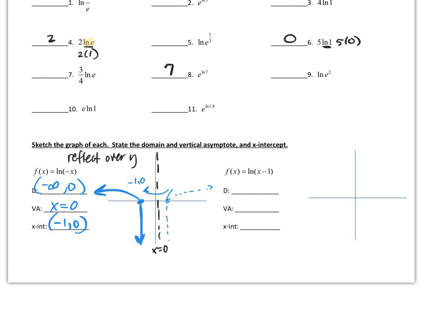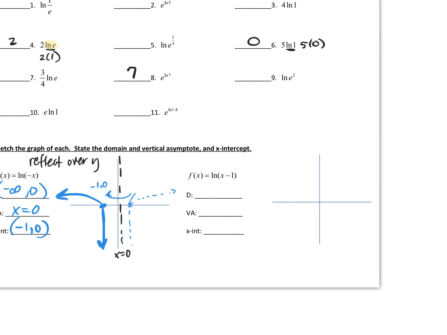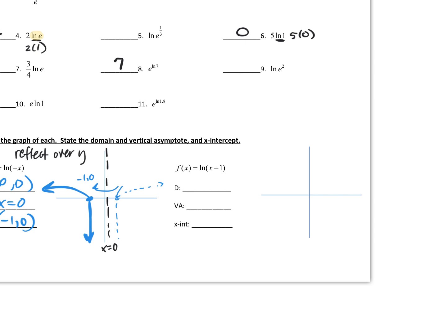Okay? So look at the next one. Natural log of x minus 1. What is the x minus 1 in parentheses telling us? Yeah, it's going to move the whole thing right 1. Starting with the asymptote. So my asymptote that was at 0 now is where x is equal to 1.